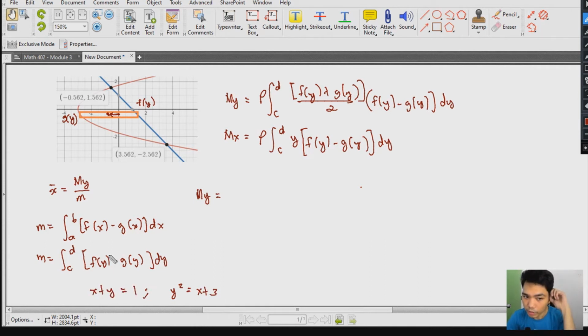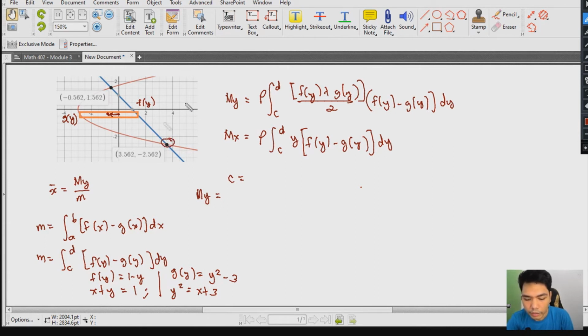So from this we could say that f of y is equal to 1 minus y, and our g of y would be equal to y squared minus 3. Therefore, we could just equate these two, so you'll be able to obtain the values for the lower limit c. As you can see from the figure, the value of c is 1.562, but to be more exact, c is the lower value, so we'll take this one.